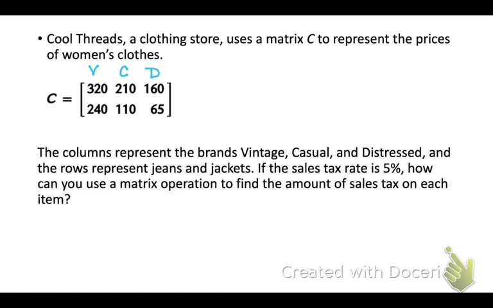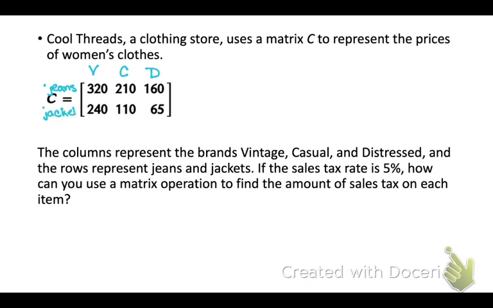Do you want us to write this out? Well, this is an example. I don't know if I'd write all those words, but I would definitely write the matrix. So we have jeans, and then jackets.